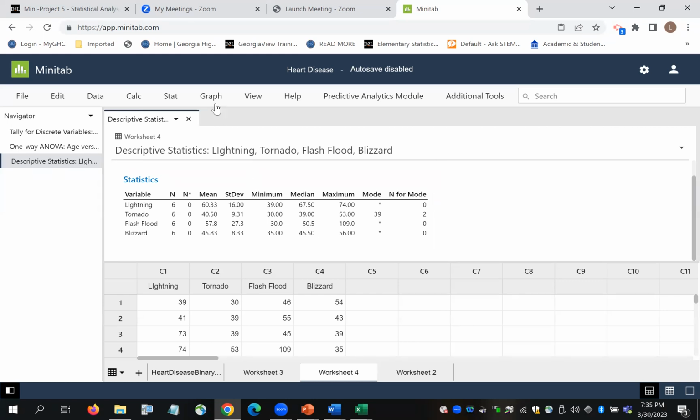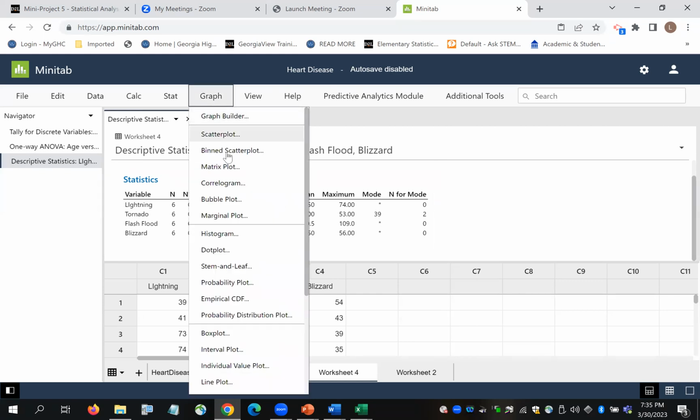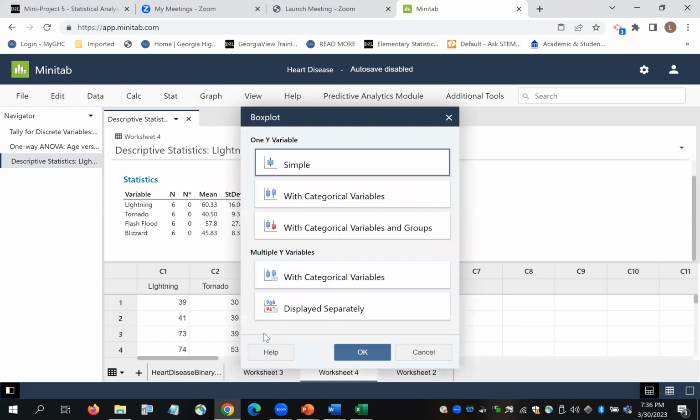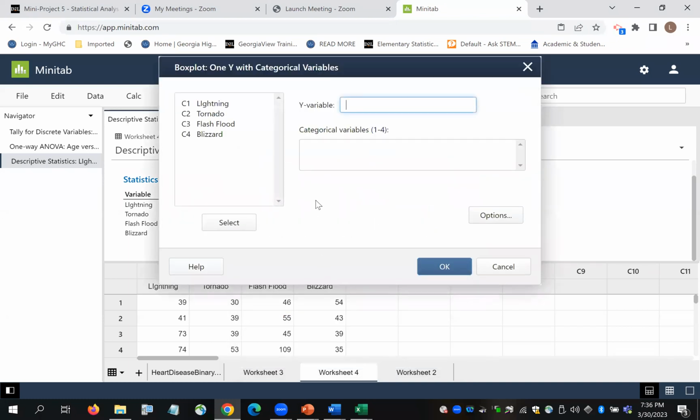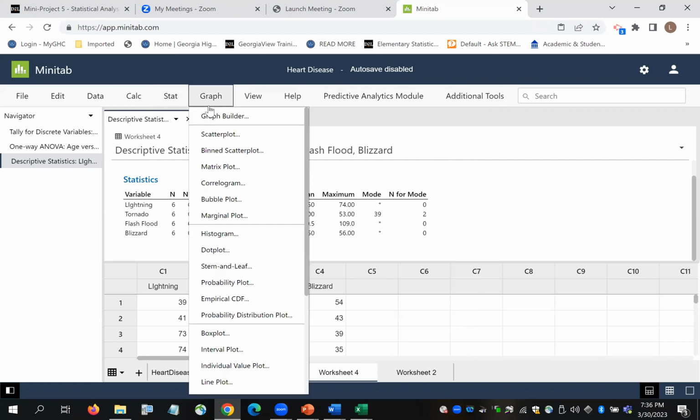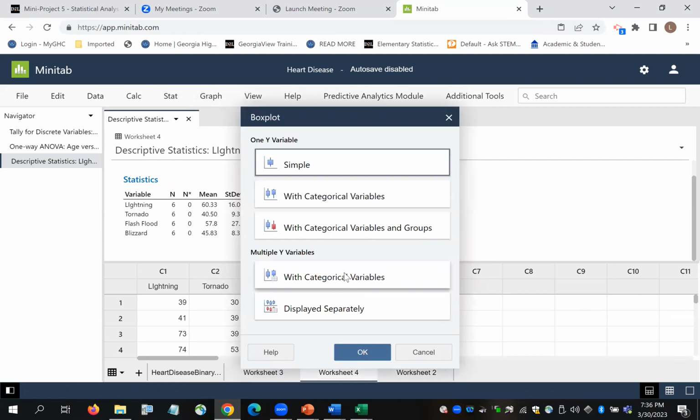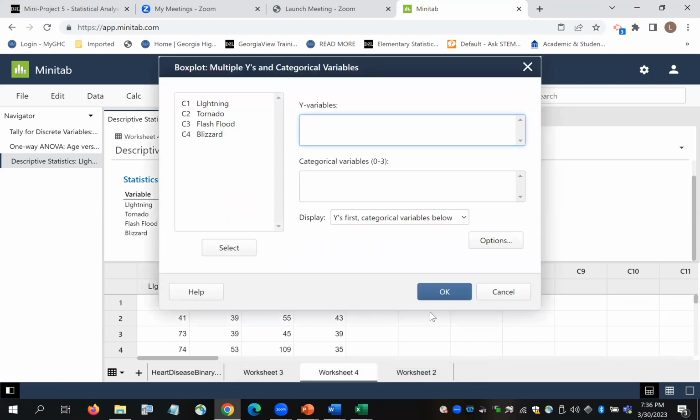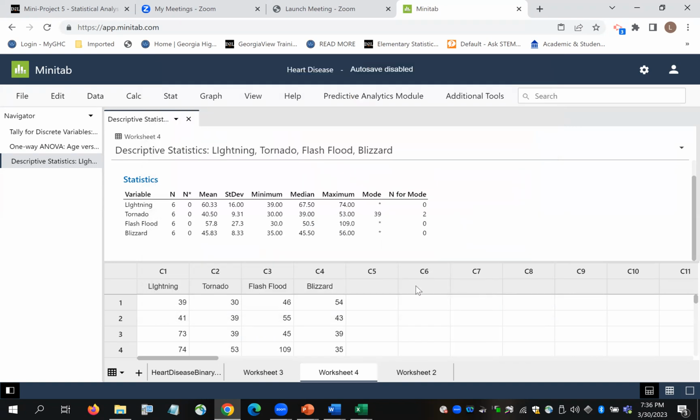If you prefer to look at the graph, let's look at the graph. We're going to do a box plot, and we want it to do categorical variables. No, that's not the one I need, sorry. I can't remember.